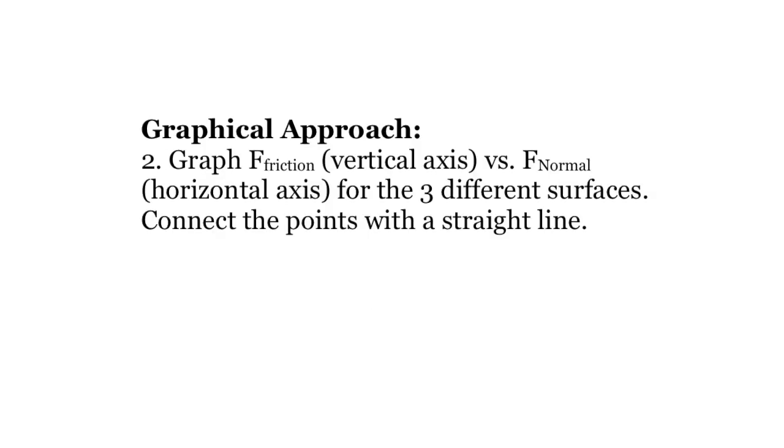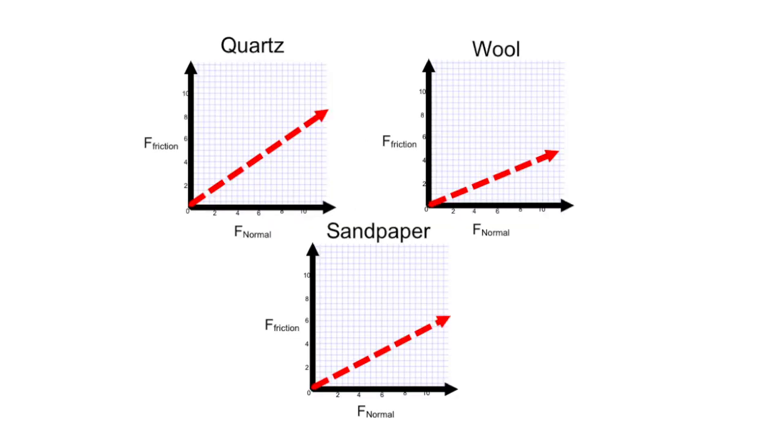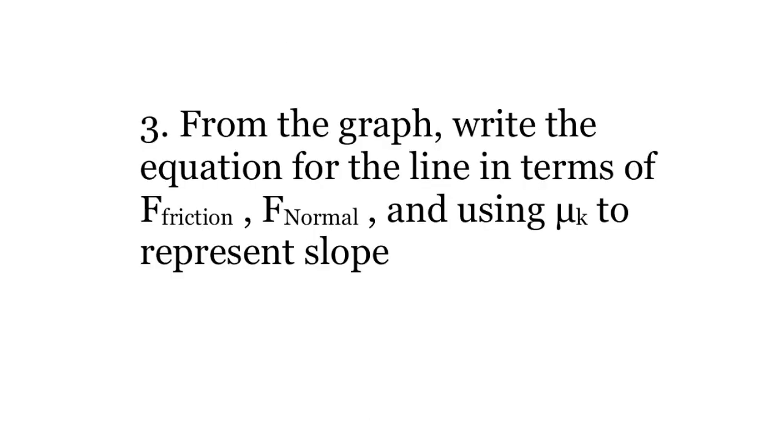Graphical approach. 2. Graph the force of friction on the y-axis and the normal force on the x-axis for the 3 different surfaces. Connect the points with a straight line. 3 sample graphs with best fit lines can be seen here. 3.